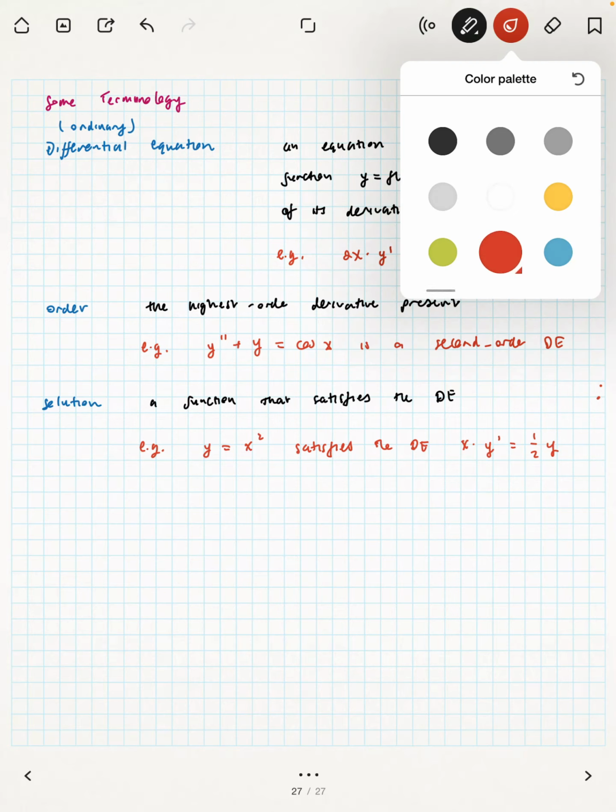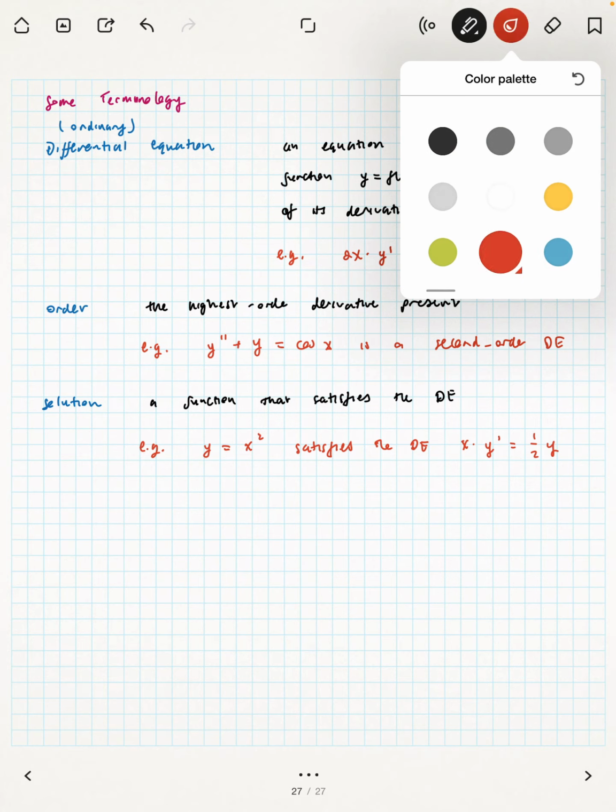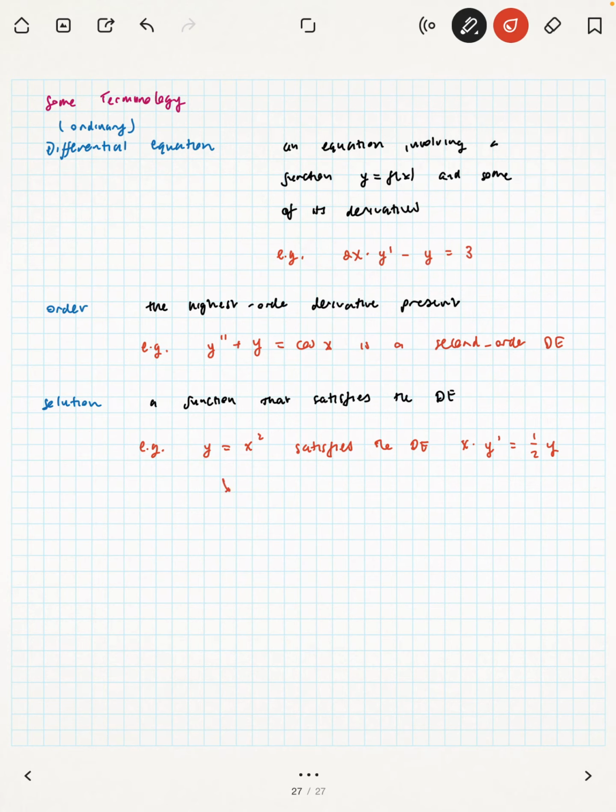Just for the sake of clarity, how would we know that this is true? You would have to find the corresponding y prime to put it in there. Let me keep using red, just so it's clear that this is still part of the example. So notice that y prime then is 2x.